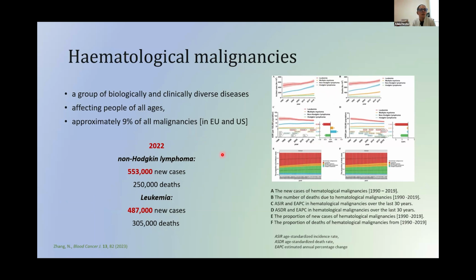And when we speak about those hematological malignancies, we speak about a group of diverse diseases that are diverse not only in the biological context, but also in the clinical context. And they affect people of all ages, from children to elderly people. They comprise about 9% of all malignancies in Europe and the United States.